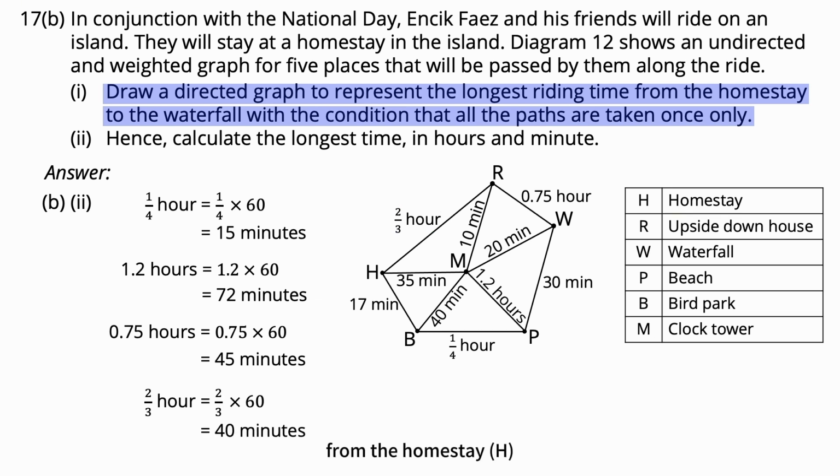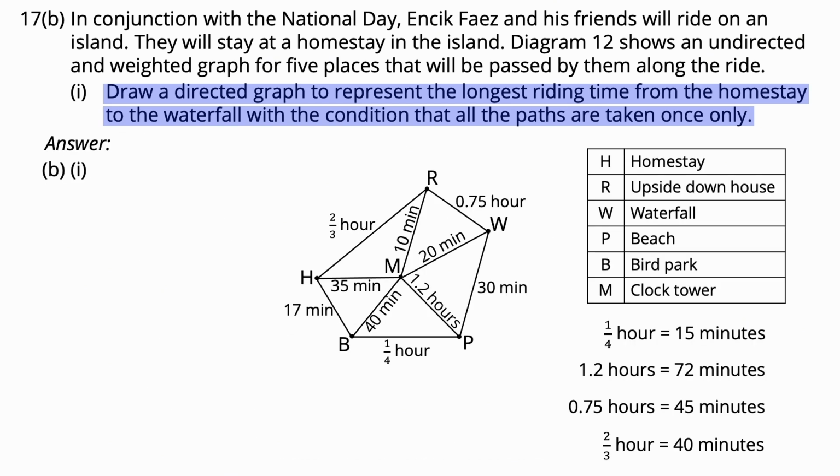From the homestay, H, there are several routes to reach the waterfall, W, each with different travel times. The goal is to find the longest route, ensuring that each path is only taken once. To maximize the travel time, we should aim to pass through as many locations as possible without repeating paths. Travel from the homestay, H, to the bird park, B, taking 17 minutes.